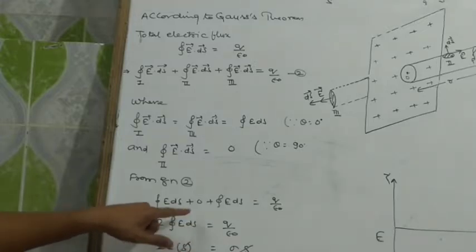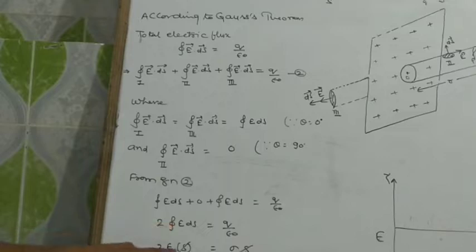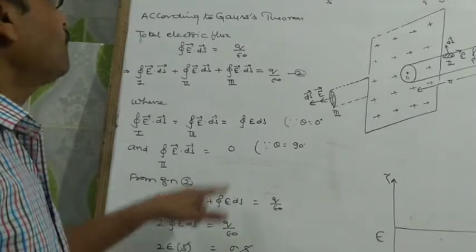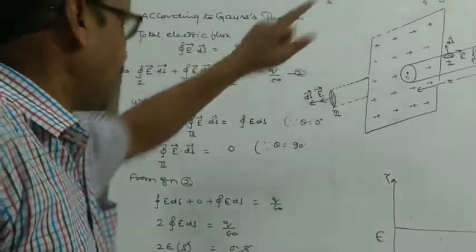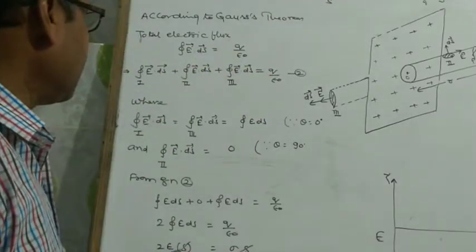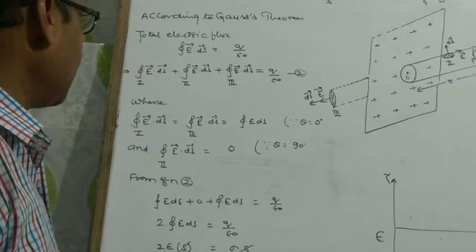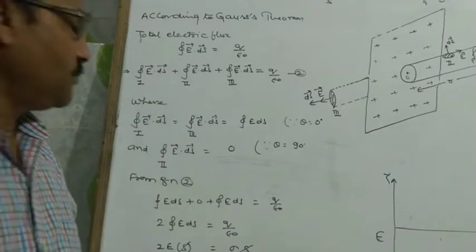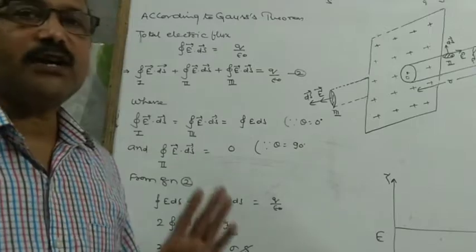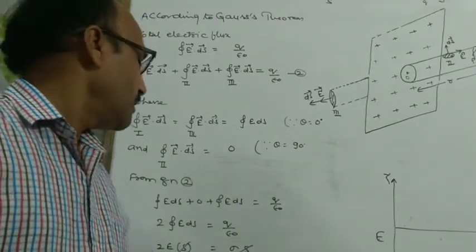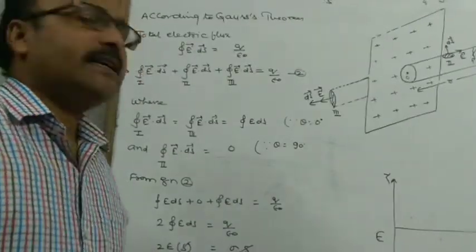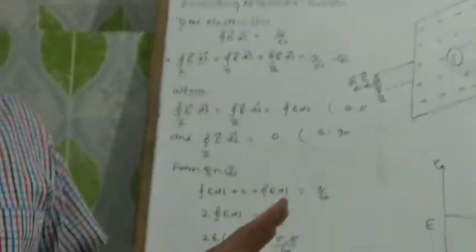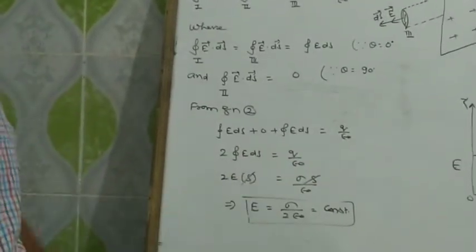The integration of ds is S. In place of Q, we can write sigma into S. So S is cancelled by S, and we can write E equals sigma upon 2 epsilon naught. These two things are constant for a sheet, so the electric field due to a charged sheet will be constant.